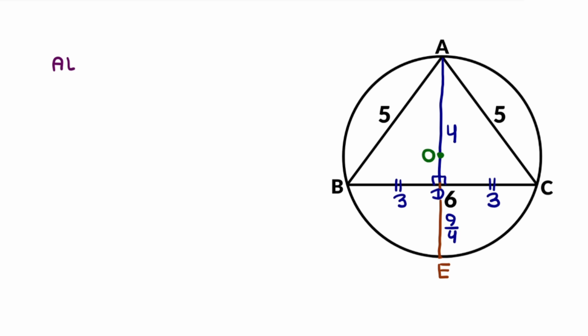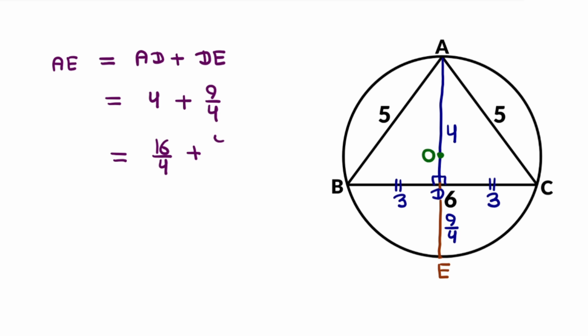The diameter AE consists of AD plus DE. That's 4 plus 9 over 4. Let's rewrite 4 as 16 over 4. So we have 16 over 4 plus 9 over 4, which equals 25 over 4.